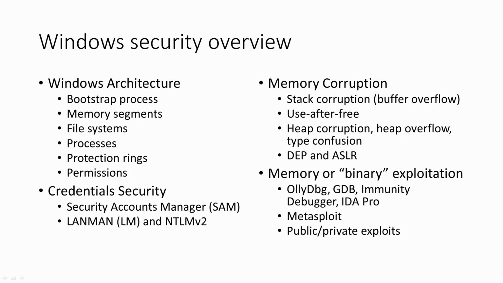But there are also cool free tools that you can start from. For example, OllyDbg and the Immunity Debugger are both running only on Windows. And GDB is the GNU debugger, and it's running on both Windows and Linux.